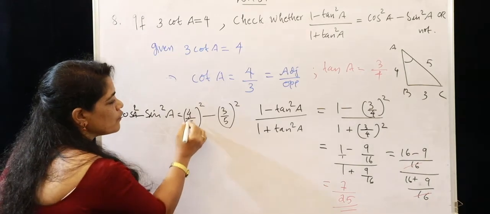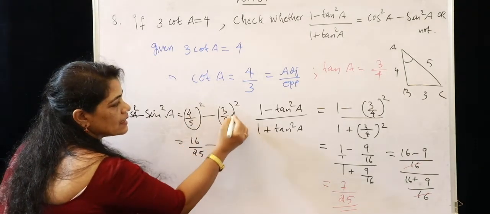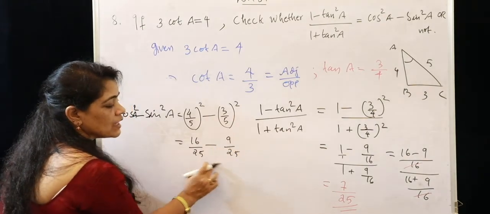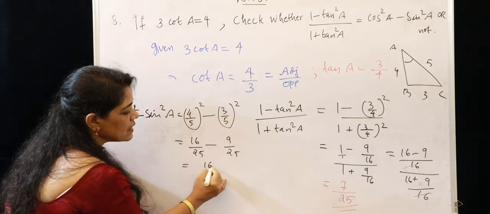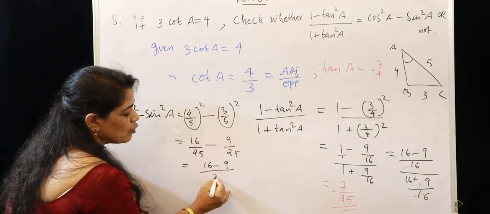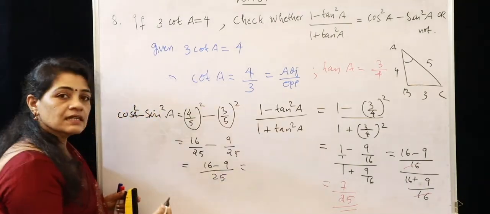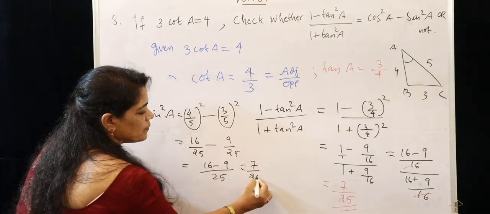So 4 square is 16 by 25, minus 3 square, 9 by 25. Since both are like fractions, subtract the numerators by keeping the denominator the same. That means 16 minus 9 is 7 by 25.